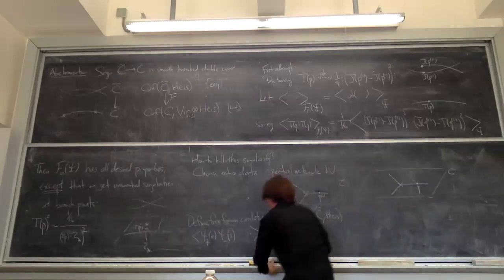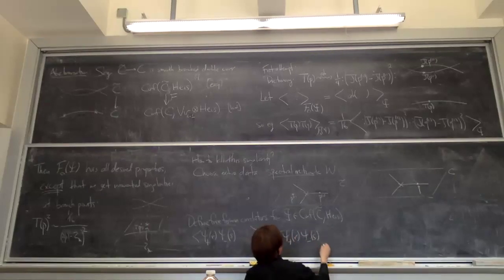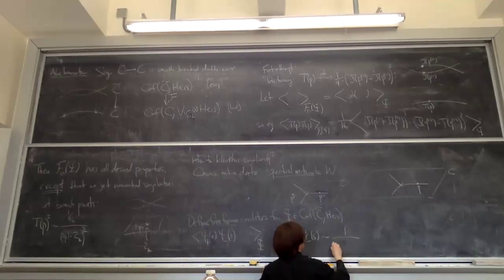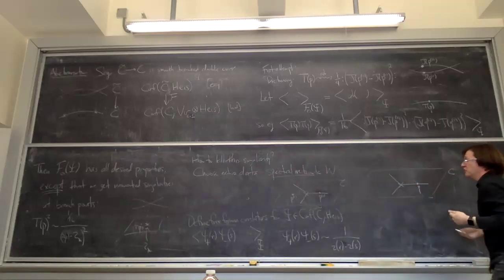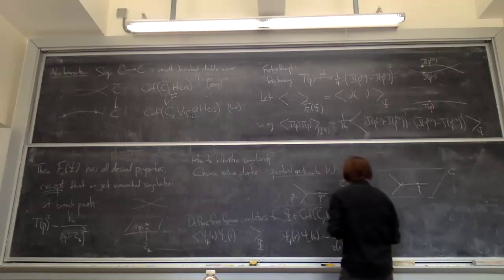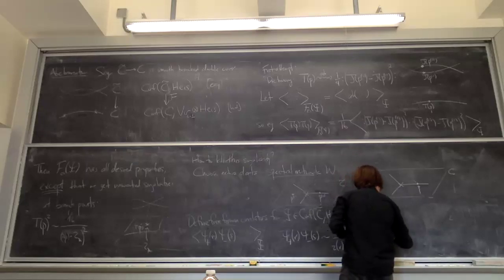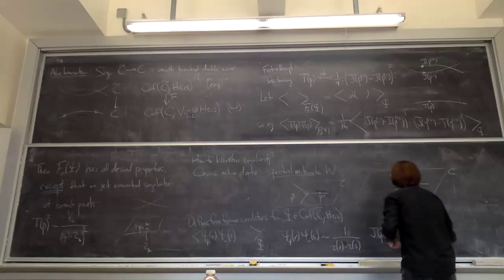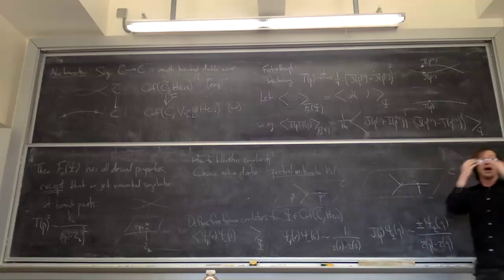They obey the local condition that psi plus of R, psi minus of S goes like just a first order pole, 1 over z of R minus z of S. I should also tell you the OPE of J with psi: J of P, psi plus or minus of Q goes like plus or minus psi plus or minus of Q divided by z of P minus z of Q. So also a first order pole.